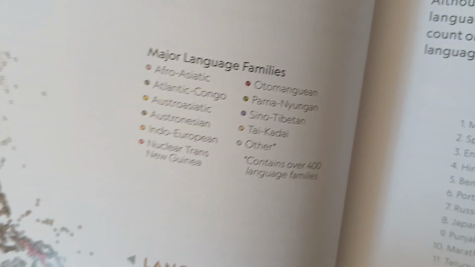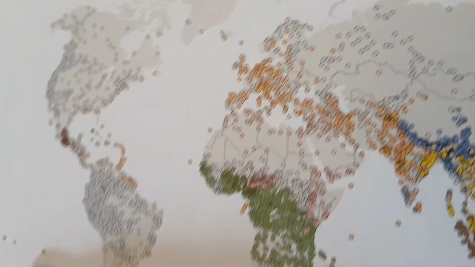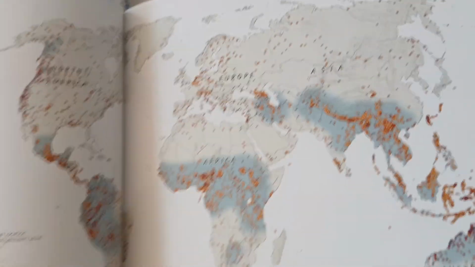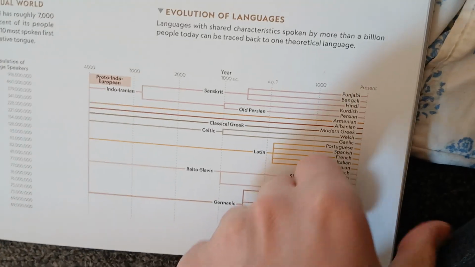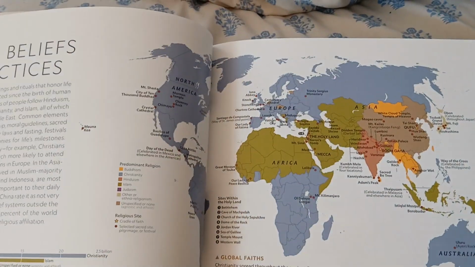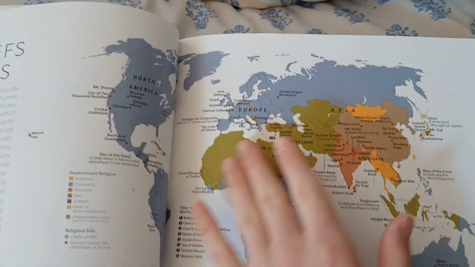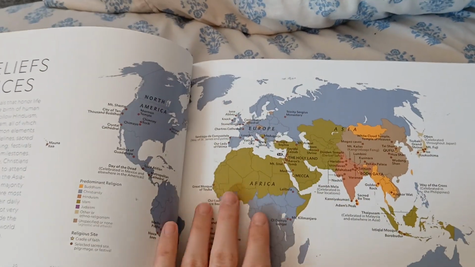So this is all the languages. You can see all the language families and where they are. And these are where languages are slowly dying. This is the faith. Blue is Christian.